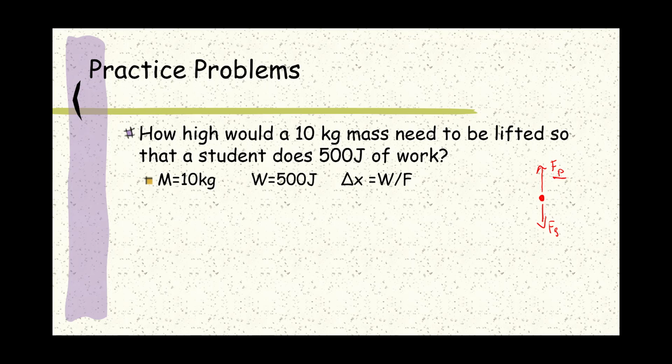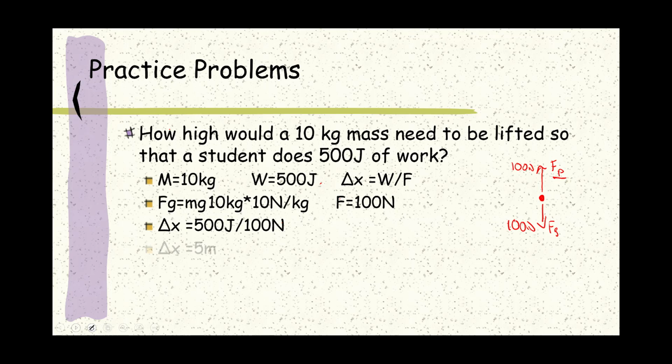This force of gravity is just 10 newtons per kilogram times 10 kilograms. Remember this equation, Fg equals mg. So that means that weight is 100 newtons and the force required to lift it is also 100 newtons. Which is why you can then come up with that force of 100 newtons and then plug it in and solve. And you get an answer of 5 meters.